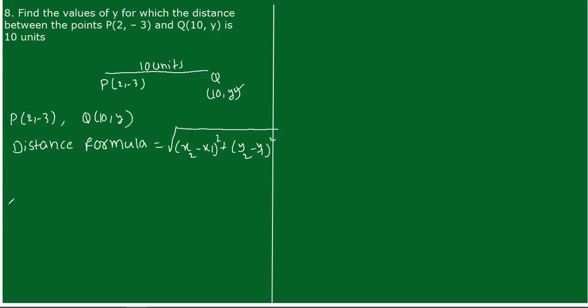So let's apply the formula. Here, (10 minus 2) whole square plus (y minus (-3)) whole square is equal to 10 units, because it's a distance. So we have to equate it to 10.